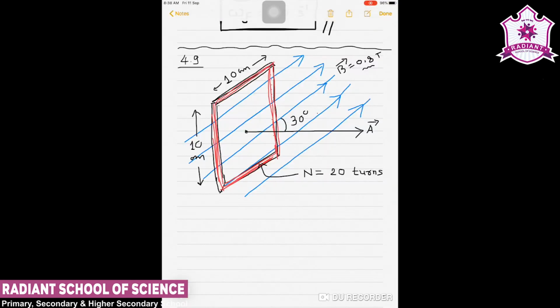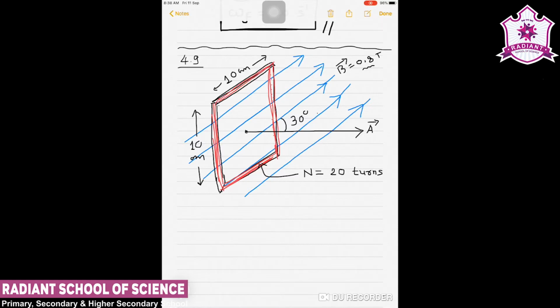In example 4.9, we are provided that a square coil of side 10 centimeter consists of 20 turns and carries a current of 12 ampere. Here we have shown this square loop in red color.